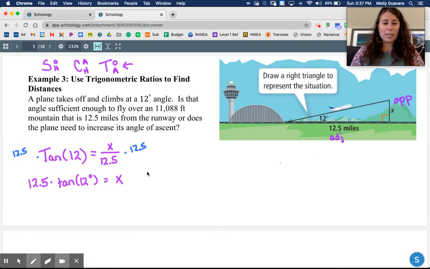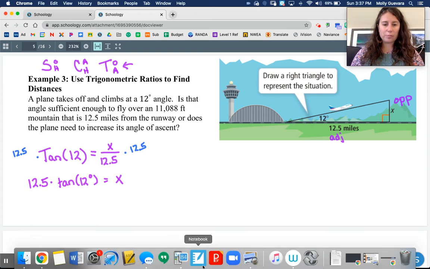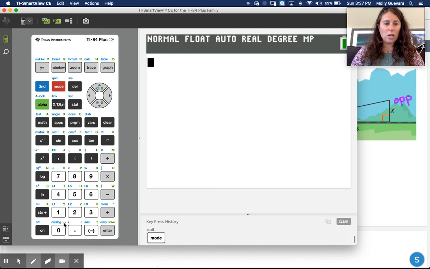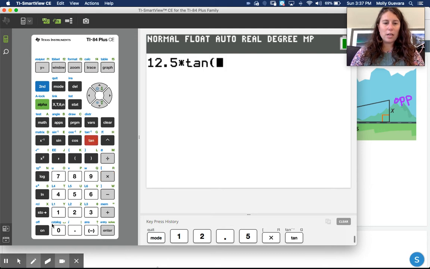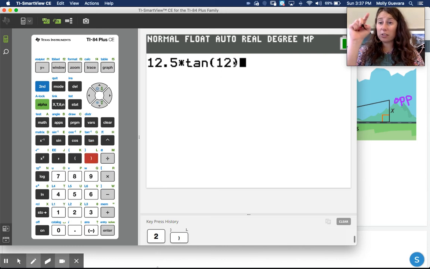So if I want to enter this into my calculator, I just do 12.5. There it is. So 12.5 times tangent. So here's sine, cosine, tangent right here. Okay, so I just hit tangent and of the angle, which is 12 degrees. And I don't have to enter the little degree symbol because I have already told my calculator that I'm in degrees.